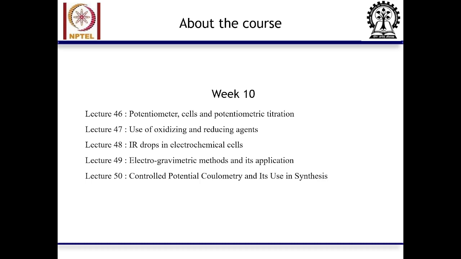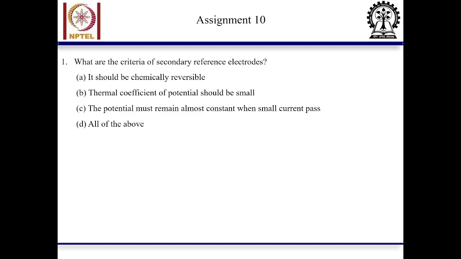Coulometry is based on Faraday's first law: the charge you give is equivalent to the mass deposited. 1 Faraday, meaning 96,500 coulombs, deposits 1 mole of the active species. Now I will come to the problems.